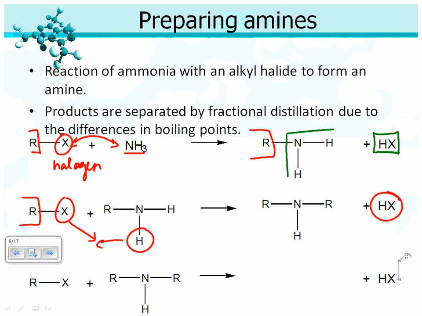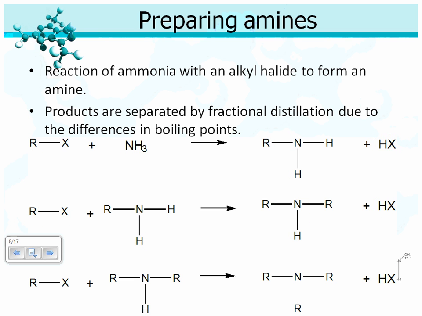And then that nitrogen is going to bond over here to the rest of the chain. So that X is gone, the nitrogen can bond. So that's how I get the nitrogen in the middle of the rest of the chain. But this nitrogen still has that hydrogen on. That's what I drew down there. If you have an organic halide reacting with a secondary amine, where's my answer there? You end up with a tertiary amine.